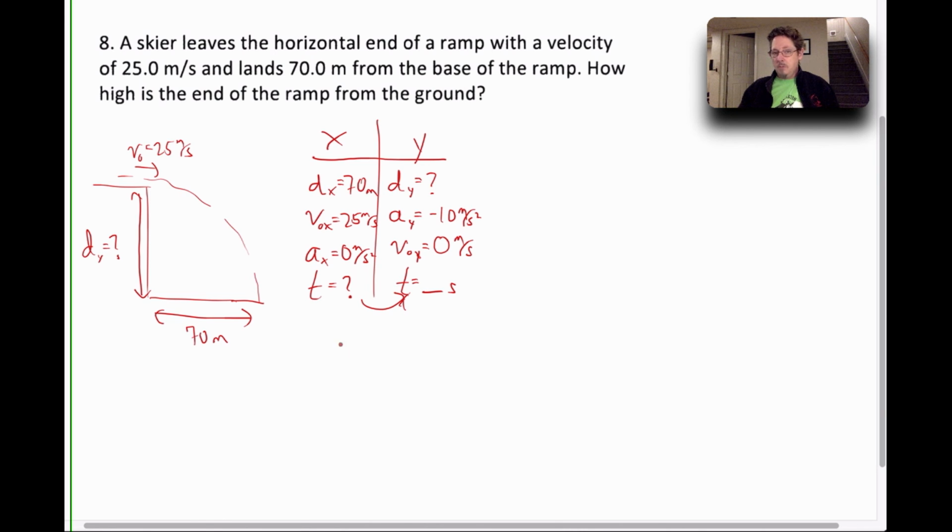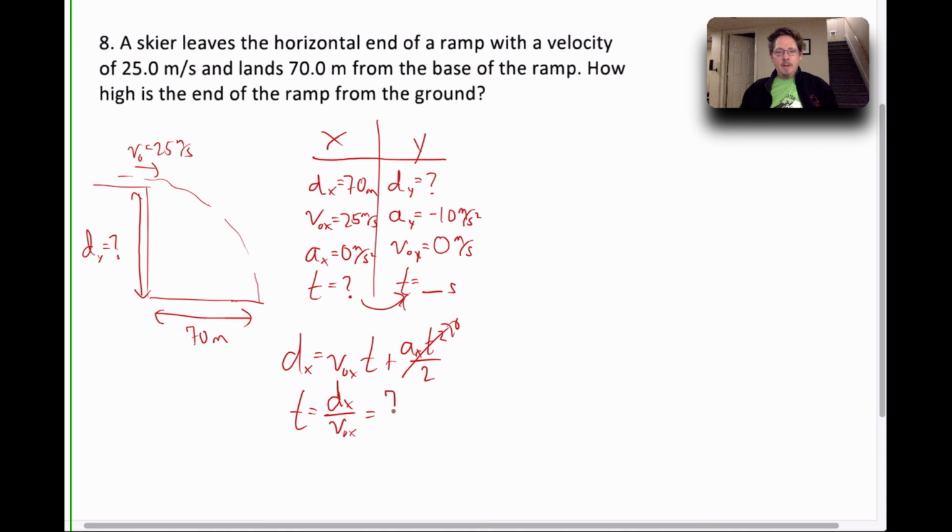Okay, well, with that in mind, displacement, velocity, original acceleration, and time. Since my x acceleration is 0, x distance equals x velocity times time. Solve for the time by dividing both sides by that x velocity.